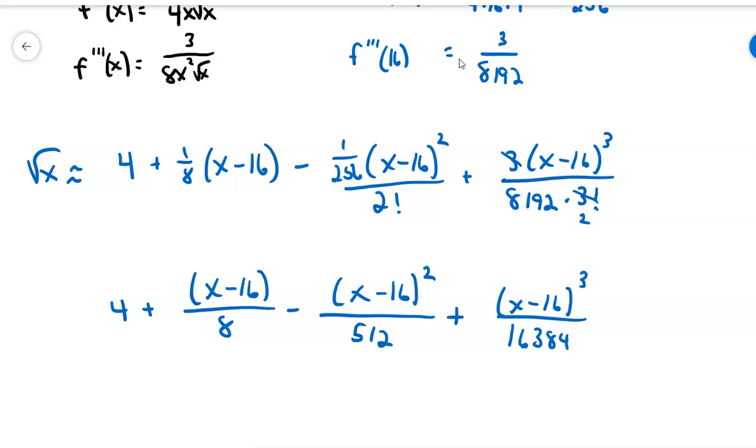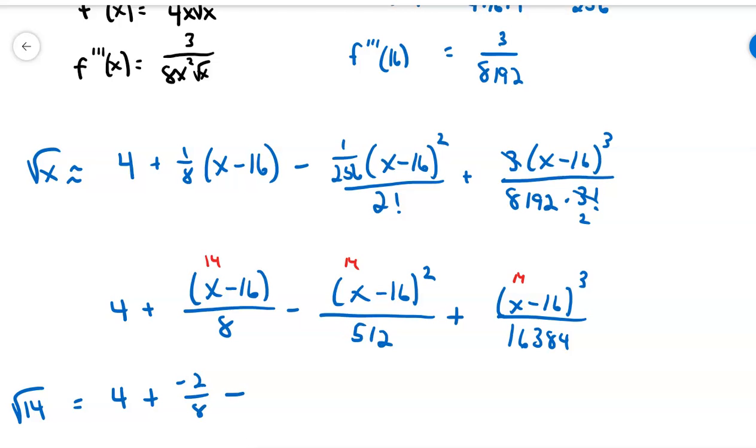All right, and now we're going to evaluate it for the square root of 14. So the square root of 14 is going to be 4 plus, now, save myself some space. Everywhere I see an x, I'm going to put in a 14. All right, 14, 14. Something kind of interesting happens here. 14 minus 16 is negative 2.